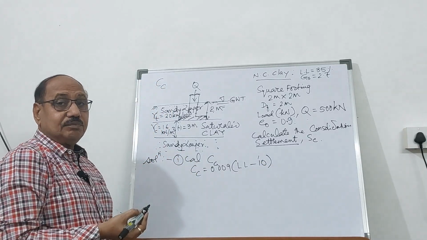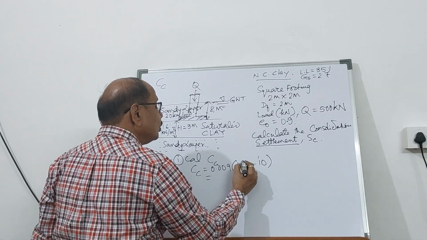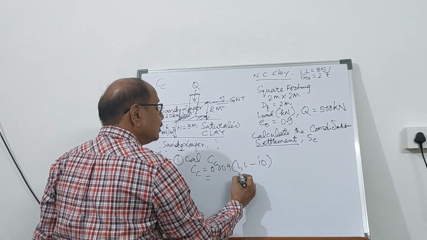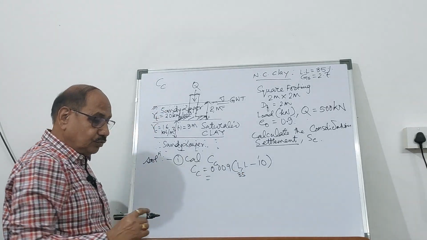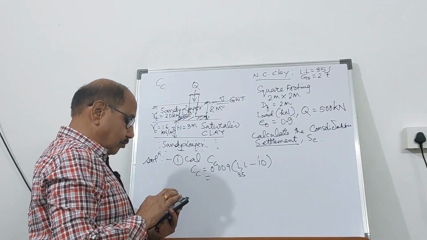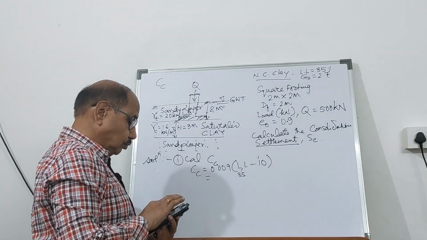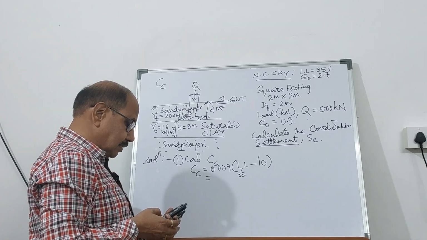This is given by Skempton's. So you can use it, and this is going to be 35. So 35 minus 10, that is 25. So if you multiply and calculate the value, last time we have done this.